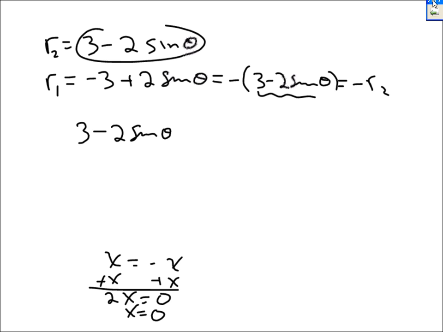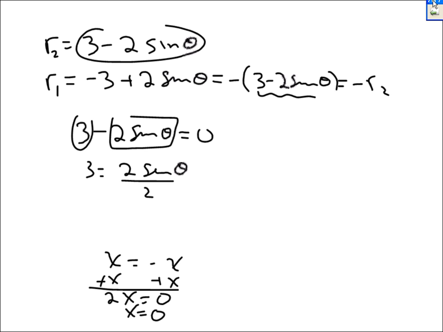If you subtract two things and you get 0, then the two things are immediately equal to one another. Divide by 2, divide by 2. On the right side, you get sine theta. On the left side, you get more than 1. No solution there. So you may say, well, these things don't intersect.